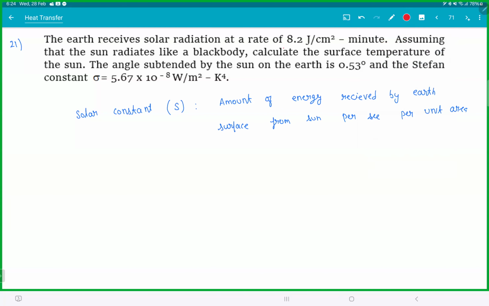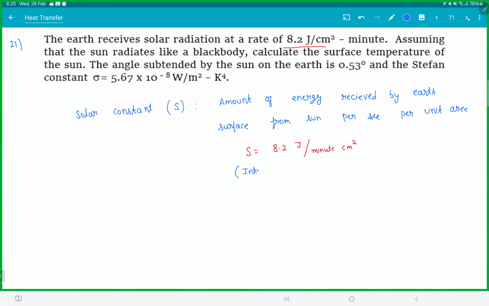So here they give you the value, see. The value of S is 8.2 joule per minute per centimeter square. Means if you go out in the sun and put a 1 centimeter square sheet, in a minute you'll collect 8.2 joules. So indirectly, solar constant is nothing but intensity.